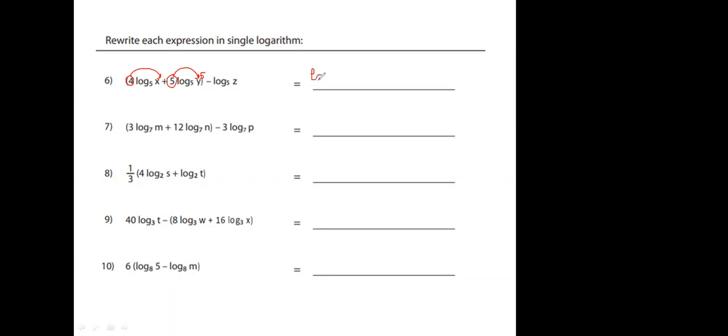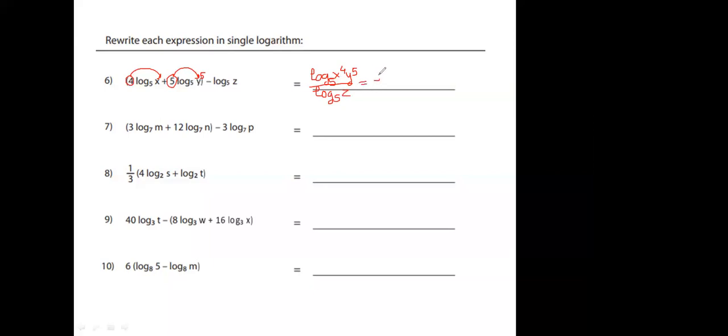So from the first term, I get logarithm 5 of x to the 4, y to the 5. So I move the powers. And then minus was division. Down I have logarithm 5 of z.